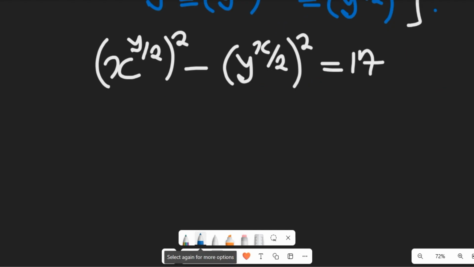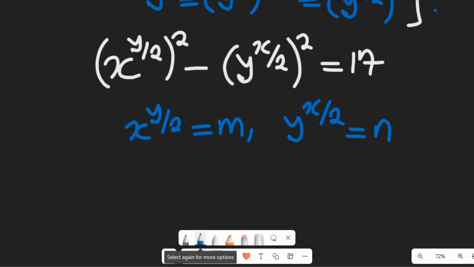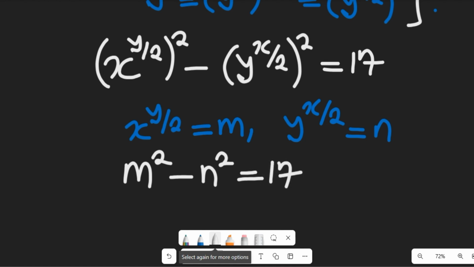Let me assume that x to the power of y divided by 2 is simply equal to m, and y to the power of x divided by 2 is simply n. So I can replace them with that expression, and I'm going to have m squared minus n squared equal to 17.